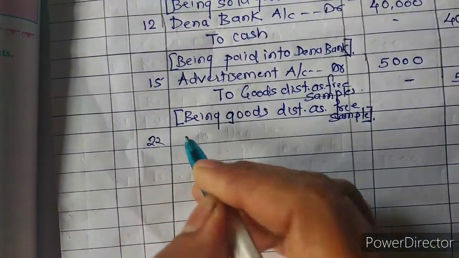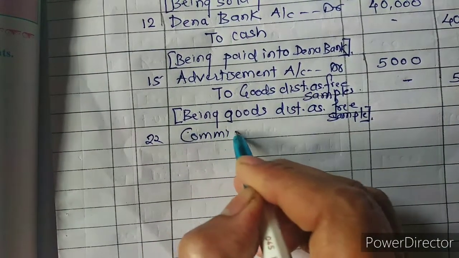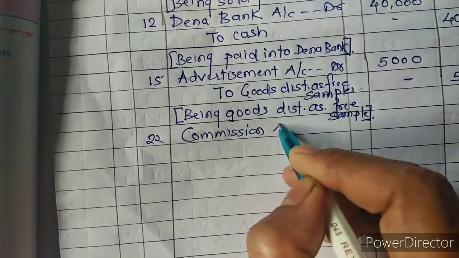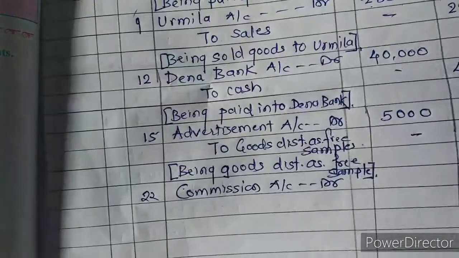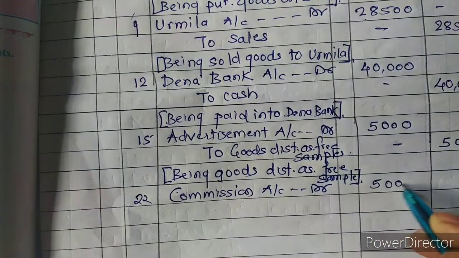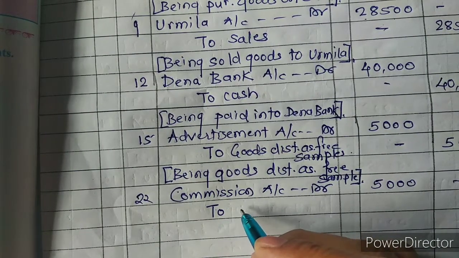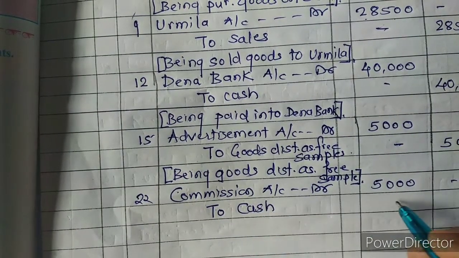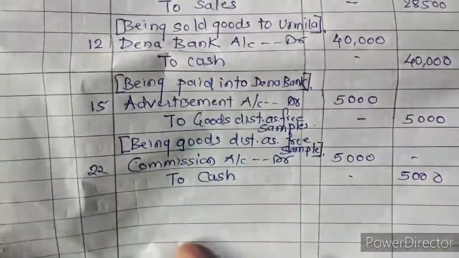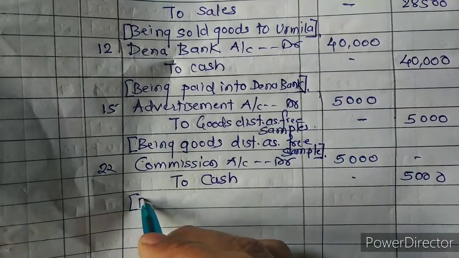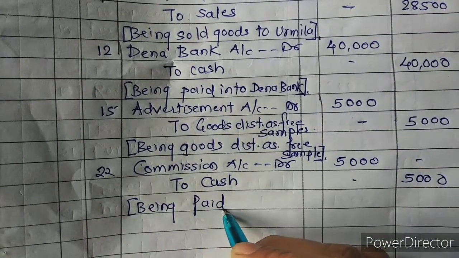On 22nd, commission account debit, and amount of commission is 5,000 to cash account, because cash goes out, rupees 5,000. Being paid commission.